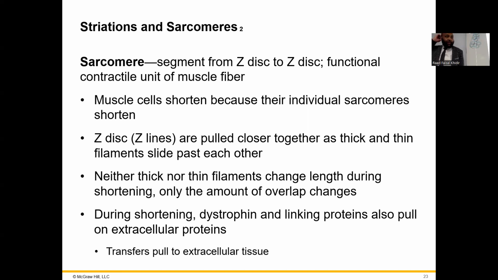Neither thick nor thin filaments can change length during the shortening. Only the amount of overlap will change. During the shortening, dystrophin and linking proteins also pull on extracellular proteins, and that transfers the pull to extracellular tissue.